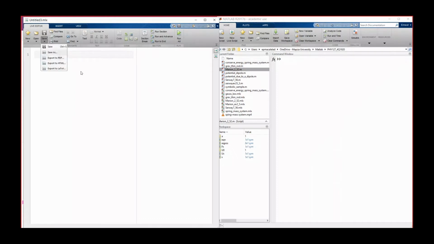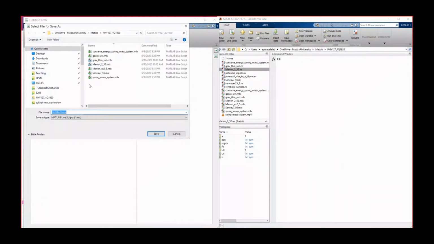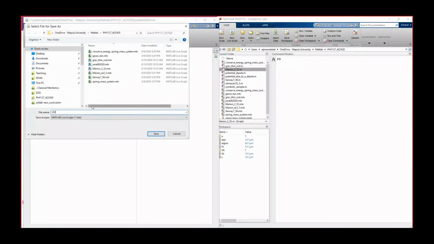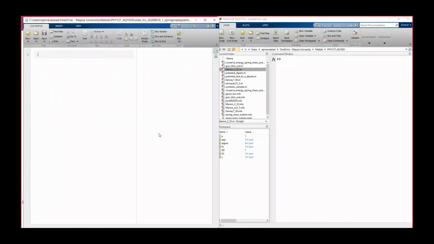Let's save this as, for example, for today, June 10, 2020. Let's clear our workspace first and define our functions.